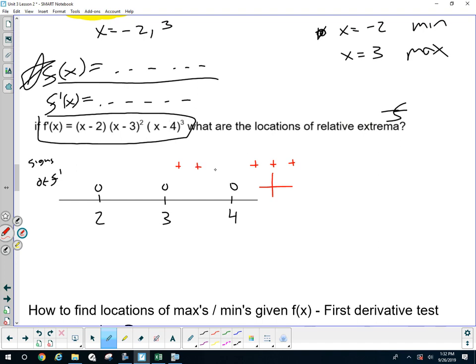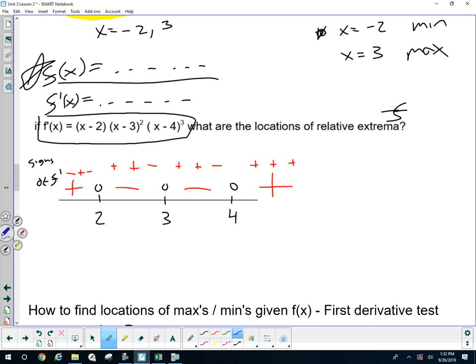A negative cubed retains its sign, negative. 2.5 minus 2 is a positive. 2.5 minus 3 is a negative, but I'm squaring it. It becomes a positive. 2.5 minus 4 is a negative. A negative cubed retains its sign. It's a negative. I didn't change sign. At 1, negative, positive, negative, positive.